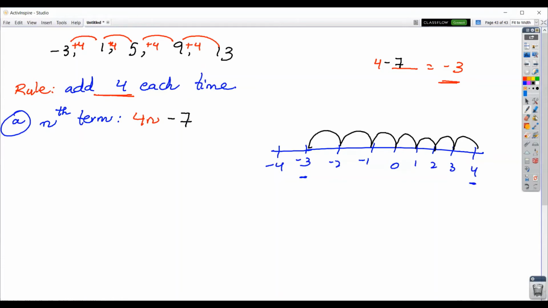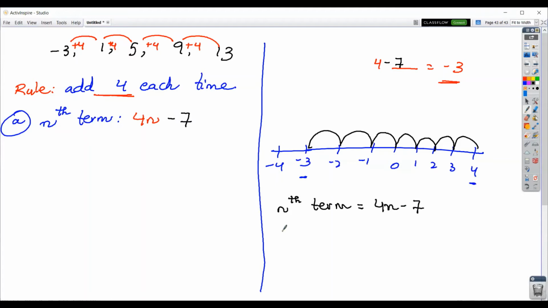Now again, you can check it by subbing any term into it. If I check the second term, when I sub in n equals 2, I must get 1. As we have found, the nth term of the sequence is 4n minus 7.